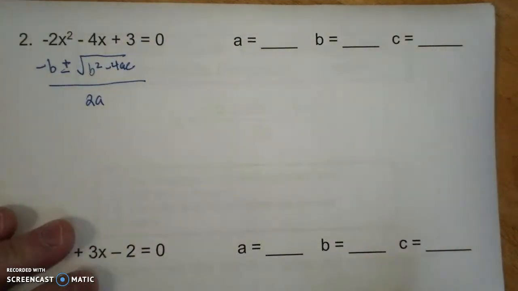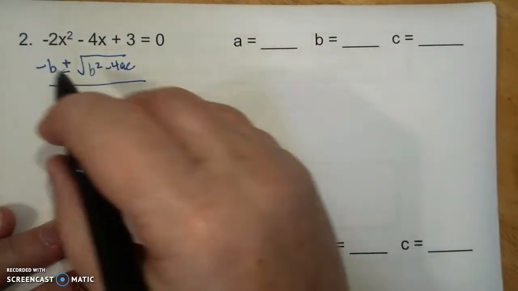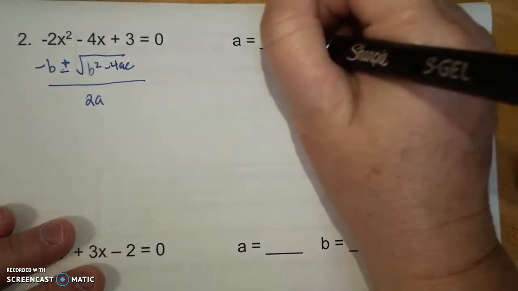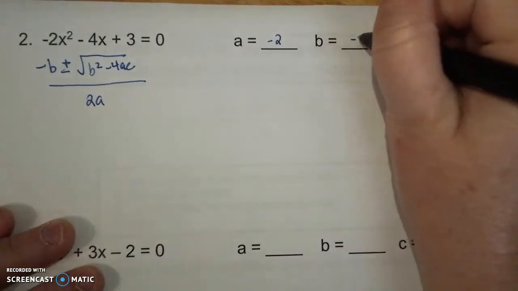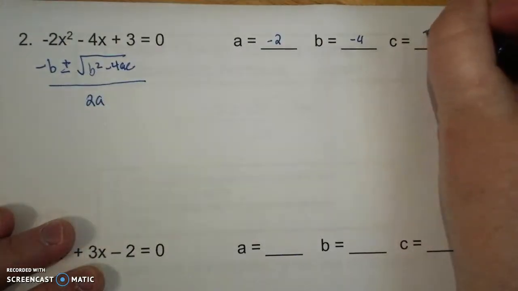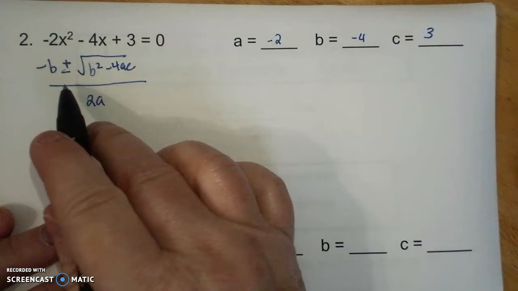Continuing on using the quadratic formula, a is -2, b is -4, c is 3. I'm going to be filling it in.